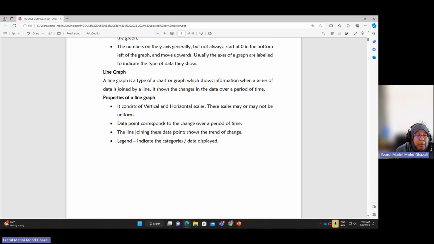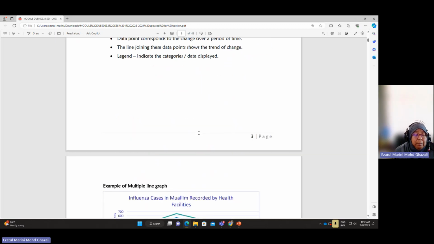The data point corresponds to the change over a period of time, and the line joining these data points shows the trend of the changes, whether it goes up or down, or it remains static, and the legend of course indicates the categories and data display.